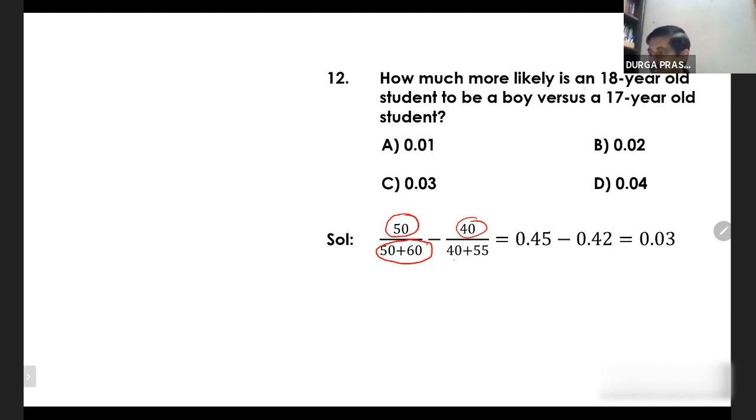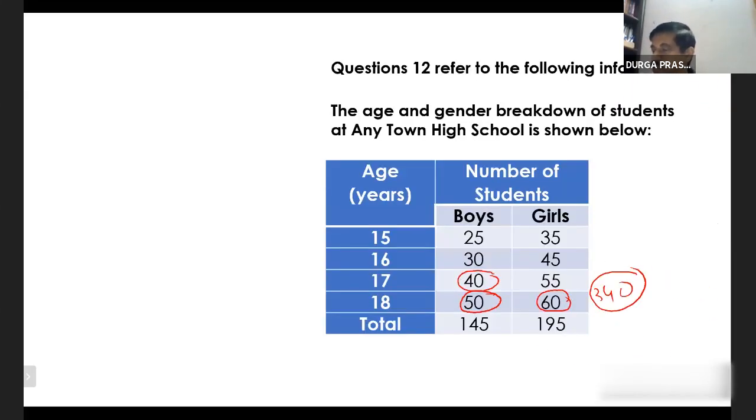This is a comparative probability for 18 years old students who are likely to be boys and 17 years old students who are likely to be a boy. So if we go back there, you see total number of boys within 18 years of age group are 50, and 17 age group is 55.